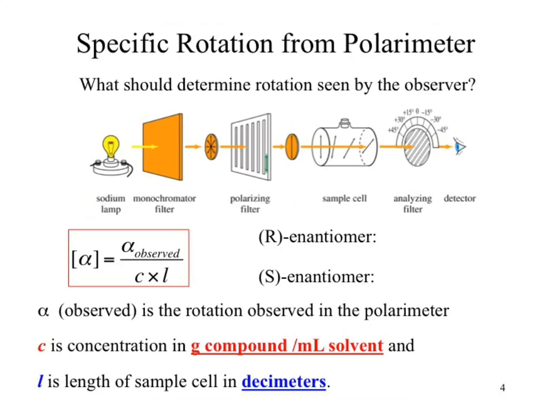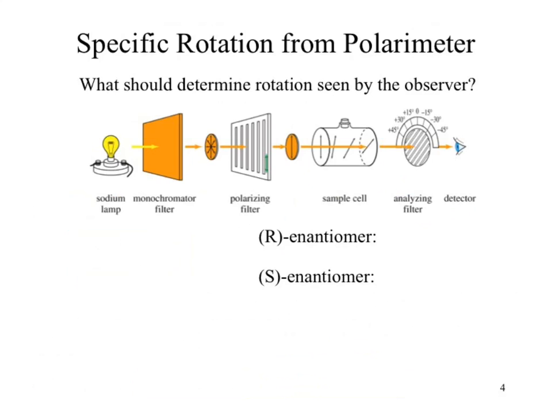Okay? So again, on our R enantiomer and S enantiomer, we don't necessarily know whether it's going to rotate positive or negative. Okay? But let's assume. Okay? So now we're going to add a little bit more information to this. I tell you have an R enantiomer, and it rotates light in the positive direction by 10 degrees.